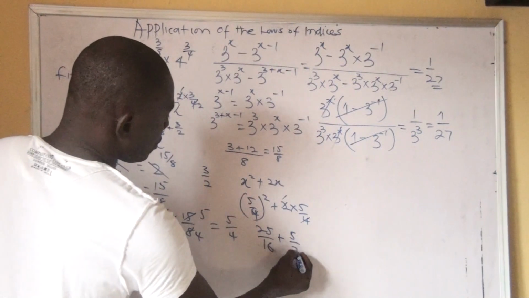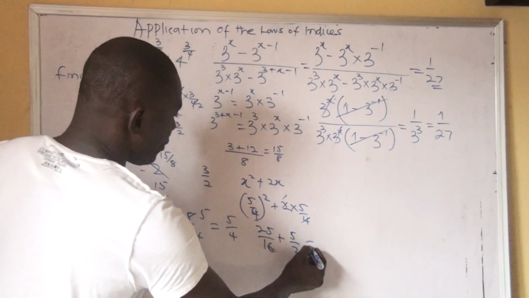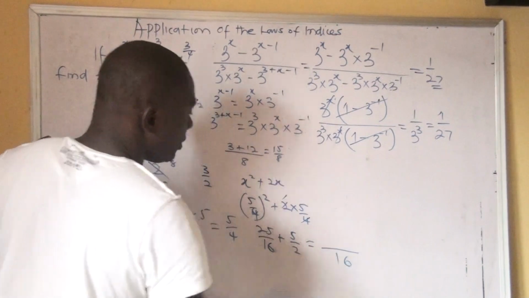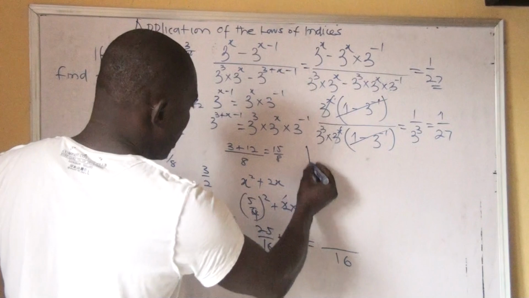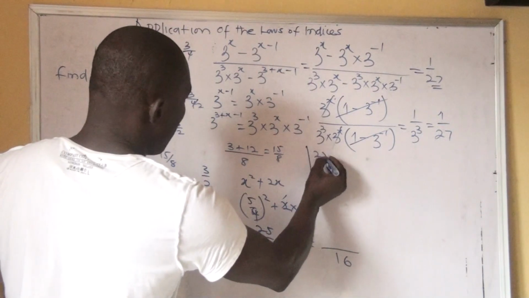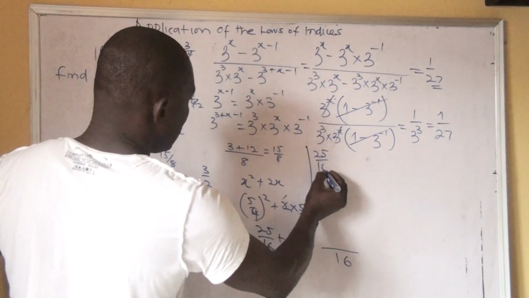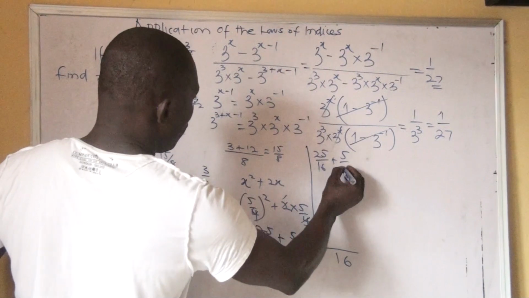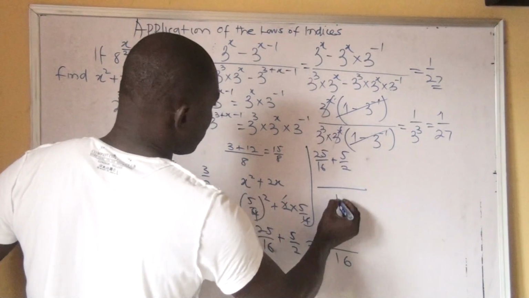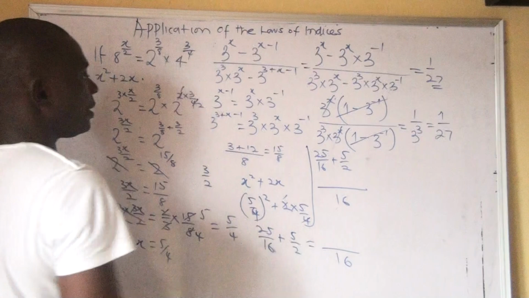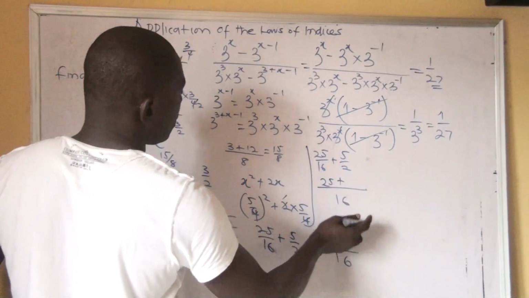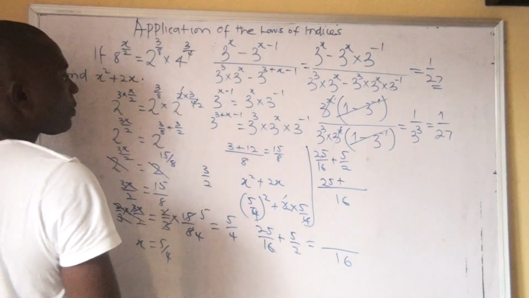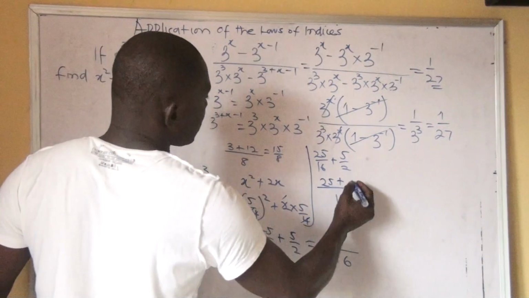So 5 over 2. And here is a fraction again. The LCM is 16. What we are doing here is 25 over 16 plus 5 over 2. The LCM is 16. 16 divided by 16 is 1, 1 times 25 is 25. 16 divided by 2 is 8, 8 times 5 is 40.